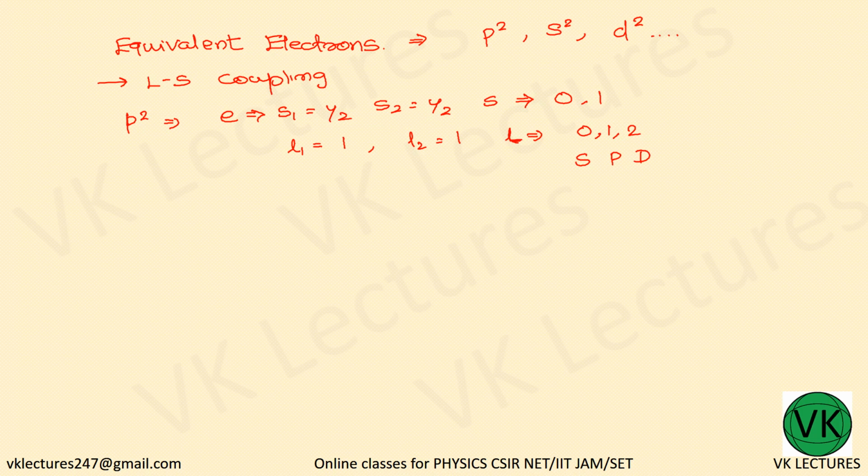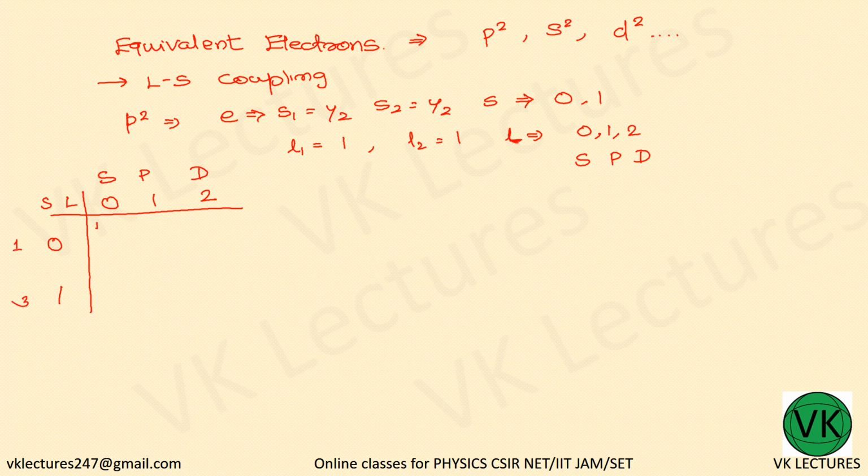Making the table for the LS coupling, this is S, L, so 0, 1, and 0, 1, 2. Okay, now this is S, P and D. Now this is the singlet state. Singlet state means it is 1, this is 3.